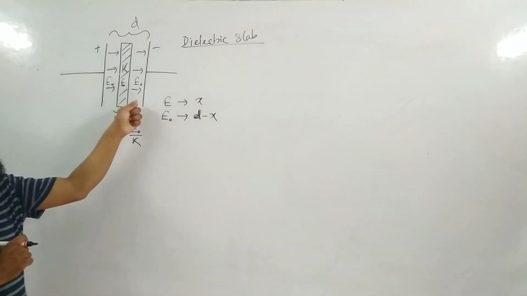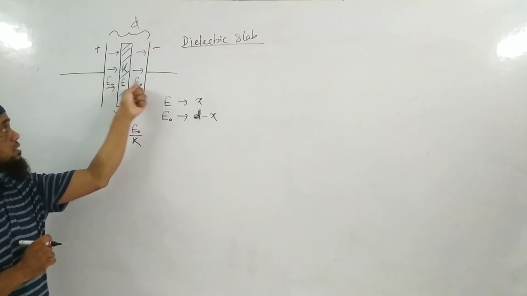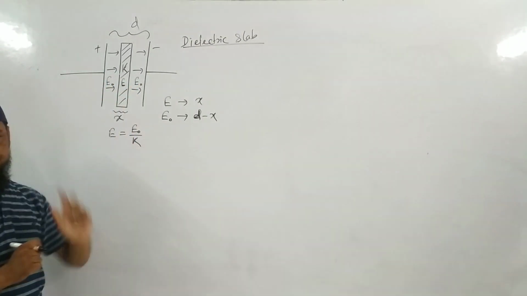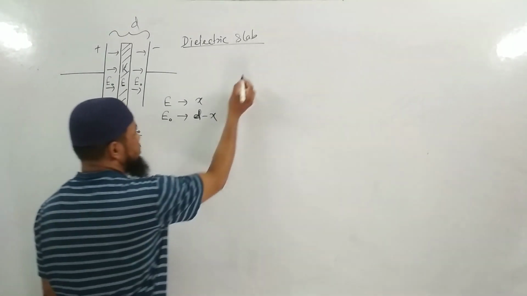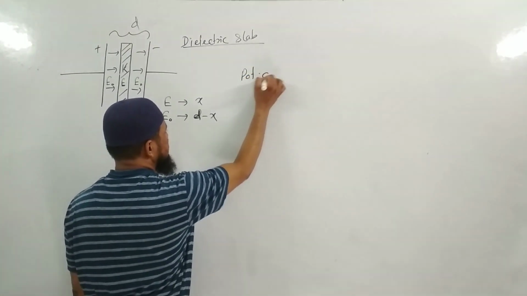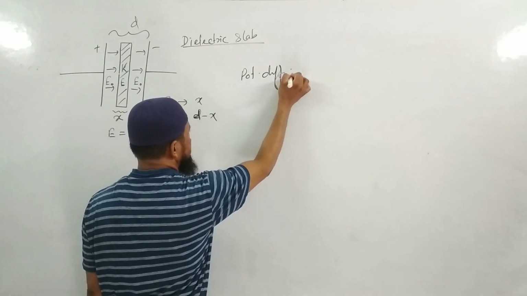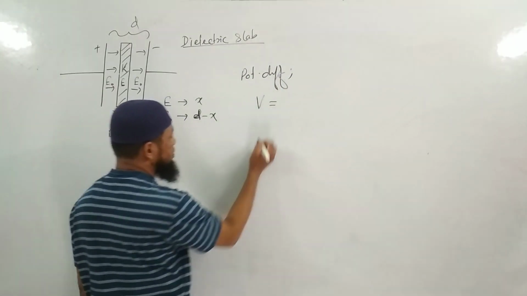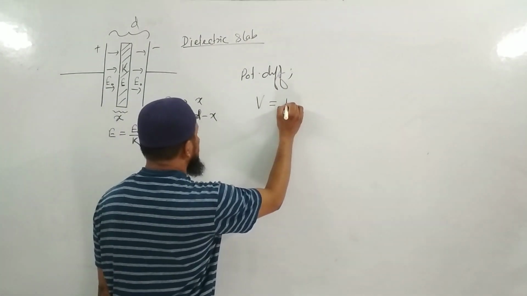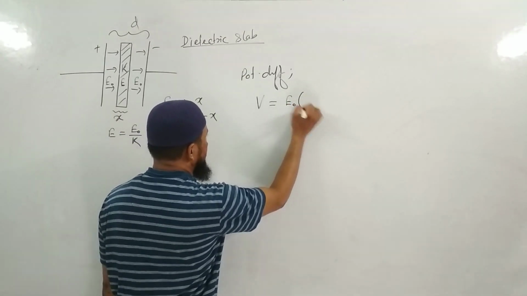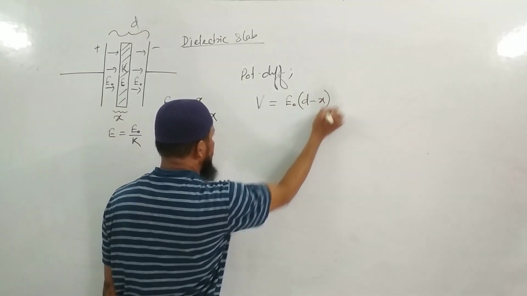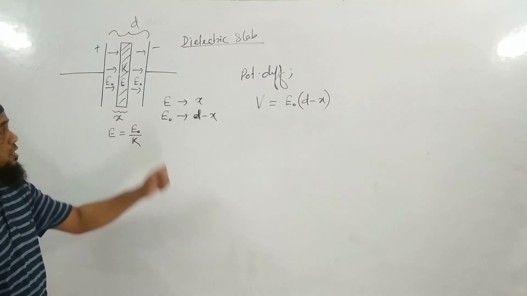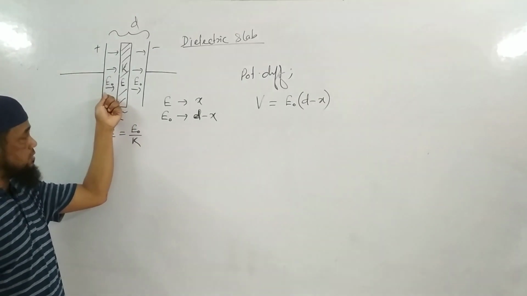Now to find the capacitance of the system, we have to find the potential difference between the two plates. Let us find out the potential difference between the two plates, let me call it V. V will become how much? E naught into D minus X, because potential difference is electric field into distance.